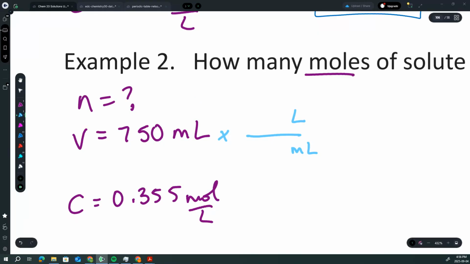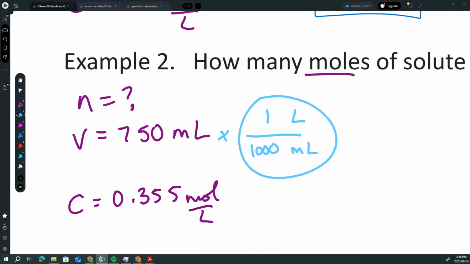And then you start with the bigger of the two units. So since liters is bigger than milliliters, that's where I'm going to start. And I'm going to write a 1 with the bigger of the two units. And so I'm asking myself, okay, in 1 liter, how many milliliters are there? Well, in 1 liter, there's 1,000 milliliters. So if you're going to do it this way, you do have to memorize the conversion factor.